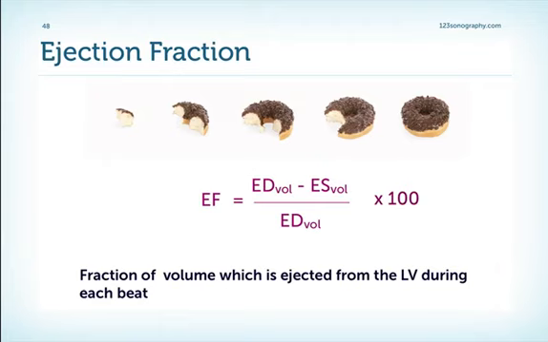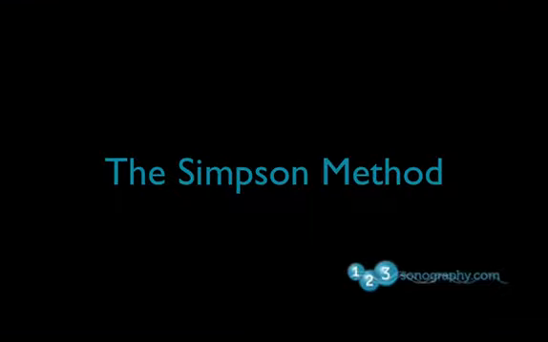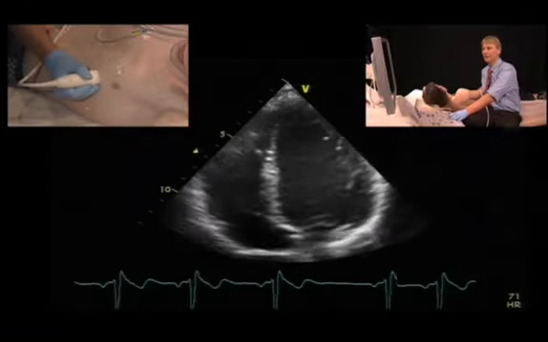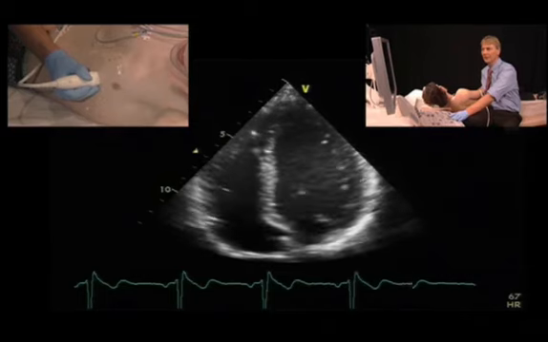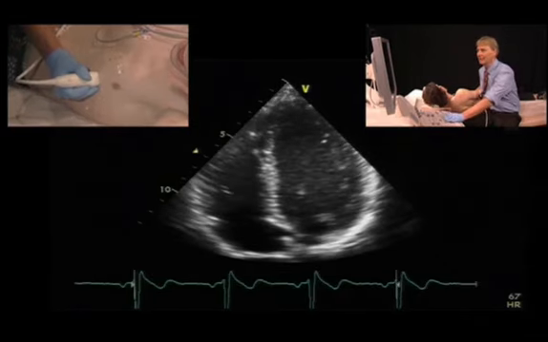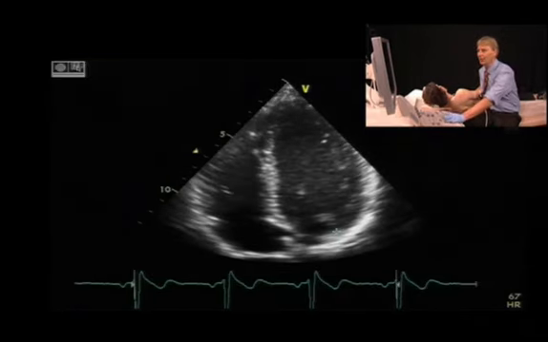We already saw how we can calculate volumes using the Simpson method. Now we'll see how we can use this information to also calculate the ejection fraction. To quantify left ventricular function with the biplane Simpson method, you need a good 4-chamber view. And we do the same thing as we would to quantify the volume.